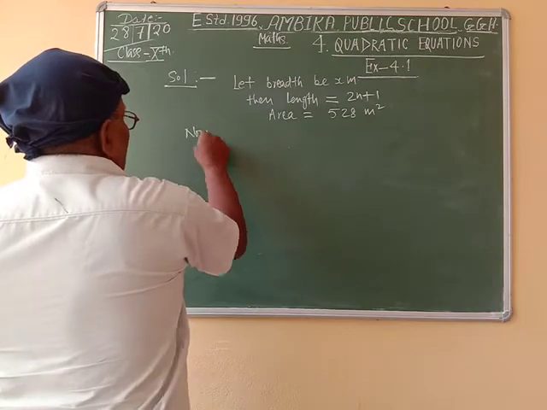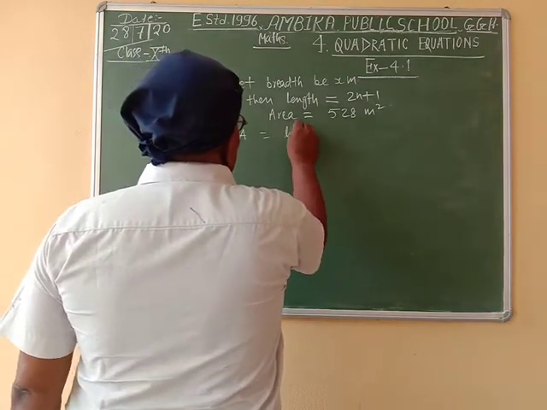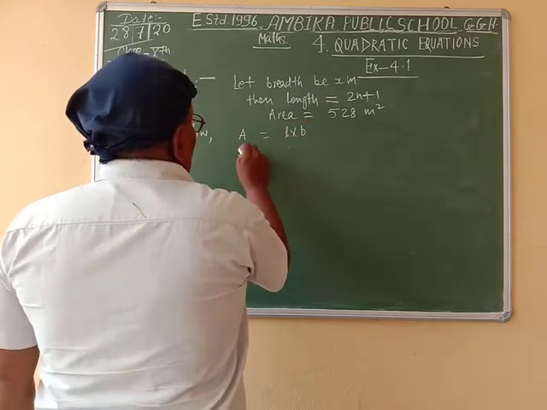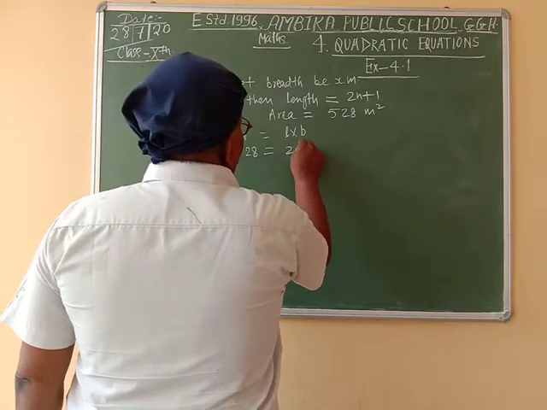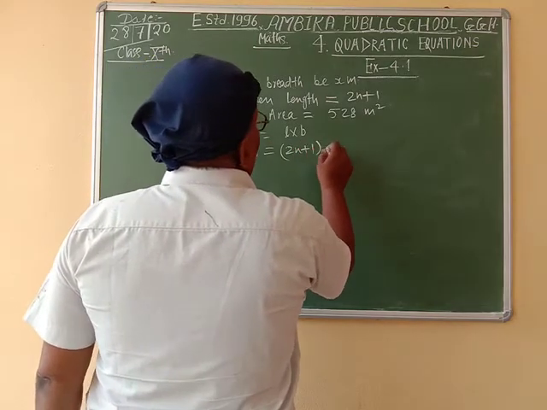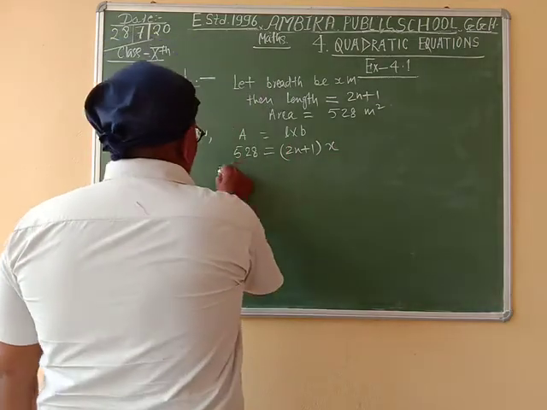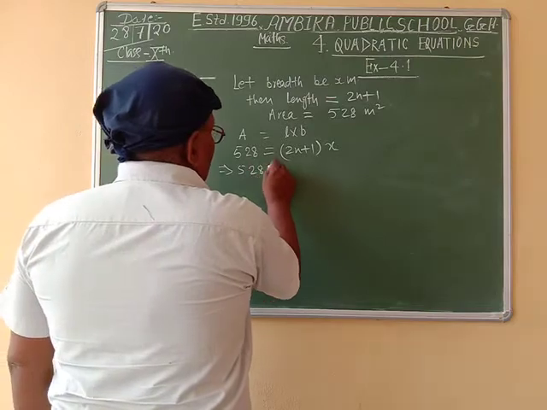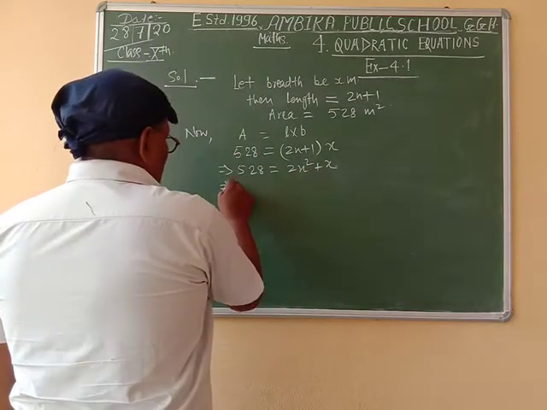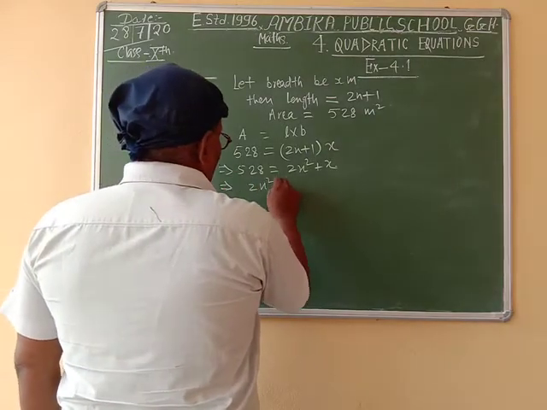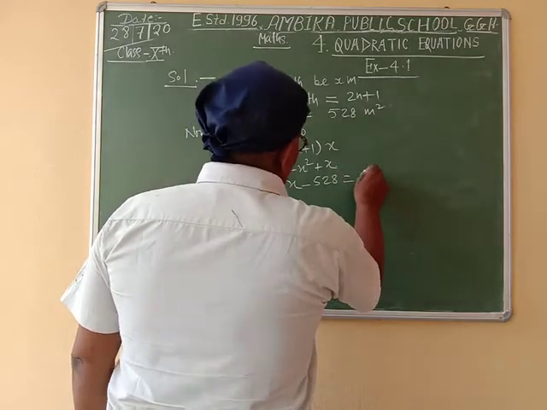Now, according to formula, A is equal to L into B, or 528 is equal to (2x plus 1) into x, length into breadth, or 528 is equal to 2x square plus x, or 2x square plus x minus 528 is equal to 0.